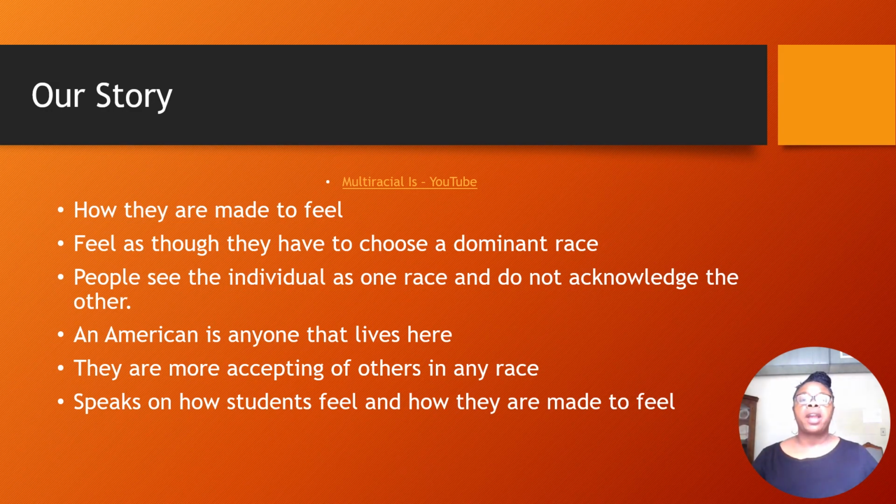I'll reference one where they saw them as Caucasian when they were actually Caucasian and German, or Caucasian and Hispanic. They saw the features that were on the outside and didn't recognize that there was more to it than that. They also see that people only see the individual as one race, and they don't acknowledge the others. So it's something that students of multicultural and ethnic backgrounds face every day.